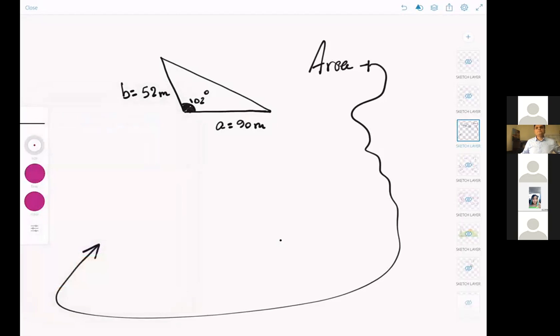Anybody remember that formula? Anybody? The formula was 1/2 A times B times sine of, for example, sine of C. So we don't have a height here, but we can find the height to the base.